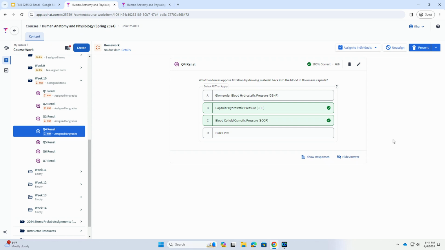It's pressure due to decreasing volume and entering the small space, which pushes stuff into the filtrate. CHP and BCOP are two different forces that help push materials back into the blood. That's CHP and BCOP.